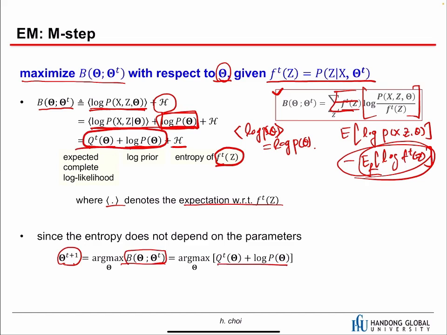We derived this equation from the joint probability. But if we focus on likelihood, then in the equation we don't have this part, so we're going to have just this part.